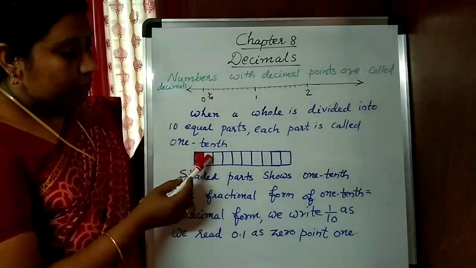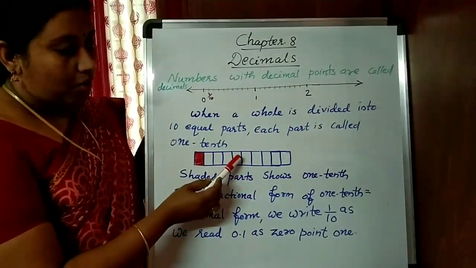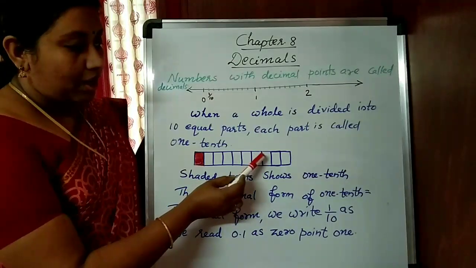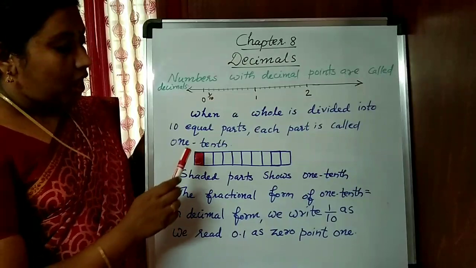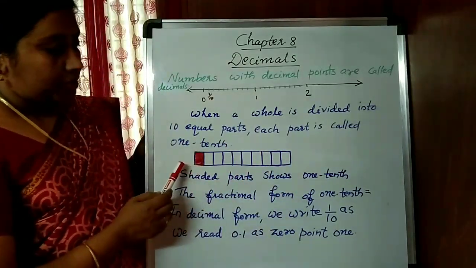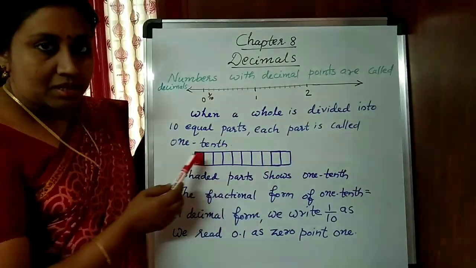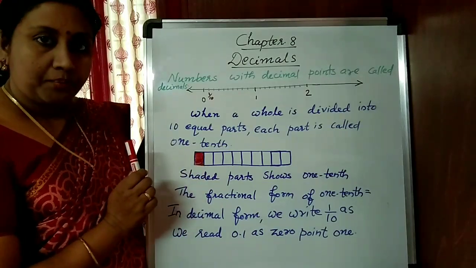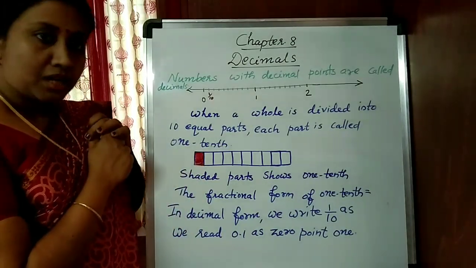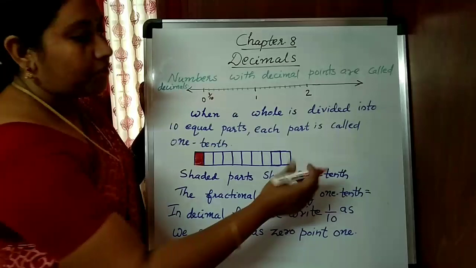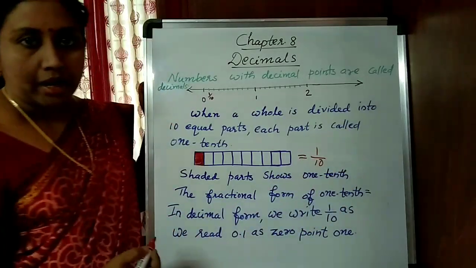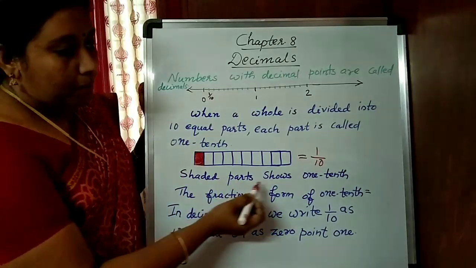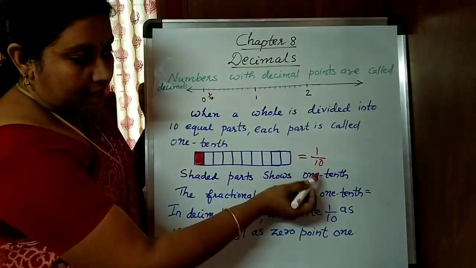Look, 1, 2, 3, 4, 5, 6, 7, 8, 9 and 10 equal portions. Out of these 10 equal portions, how many portions are shaded? One portion is shaded. So what is the fractional form of this figure? Fractional form of this figure is 1 by 10. Shaded part shows 1 by 10.